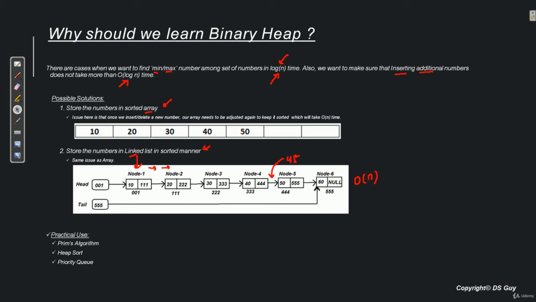Then there is a problem called heap sort, and then there is one more called priority queue. In all of these three problems, binary heap is the heart. If we don't learn binary heap, we will not be able to solve these three problems. So basically, these are the three problems where binary heap is used.